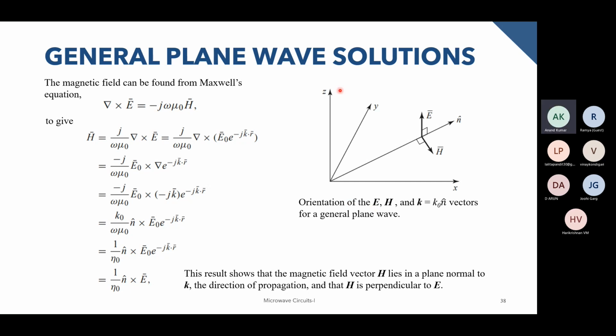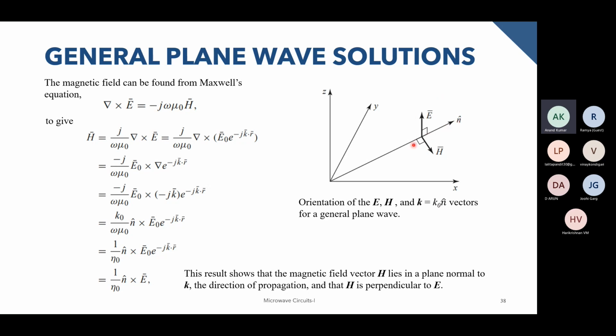This diagram shows a wave propagating in the n direction. So n is also the direction of k; you can see k is expressed in terms of the unit vector n cap. The electric field and magnetic field are perpendicular to each other and to the direction of propagation.